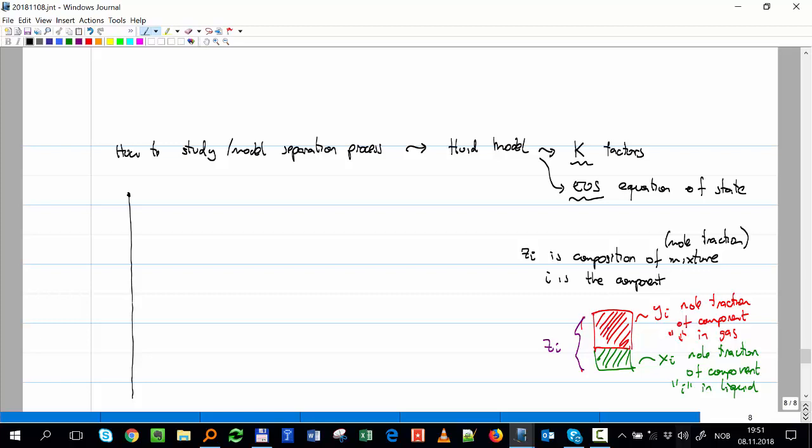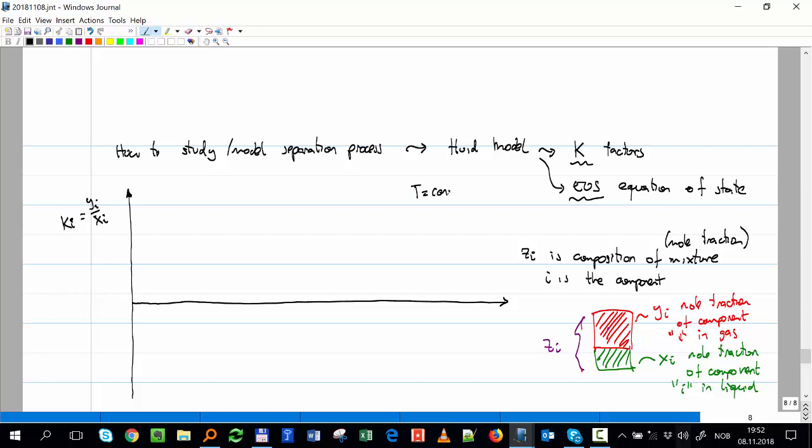And that's an approach that many people were working with in the industry for a long time, especially when modeling processing equipment. So they plot, in log scale, the Ki of the component, which is Yi divided by Xi. And they did this plot for a constant temperature.